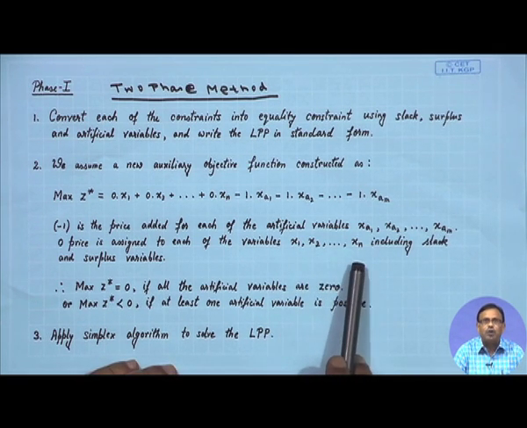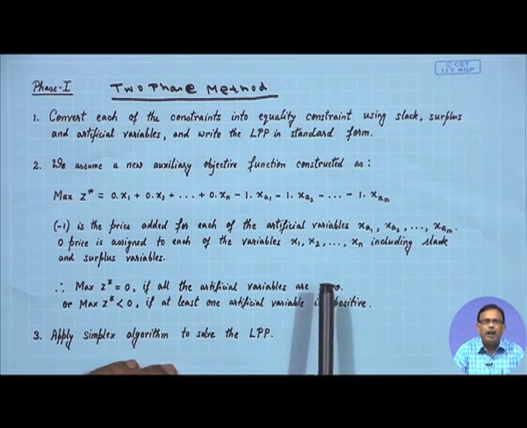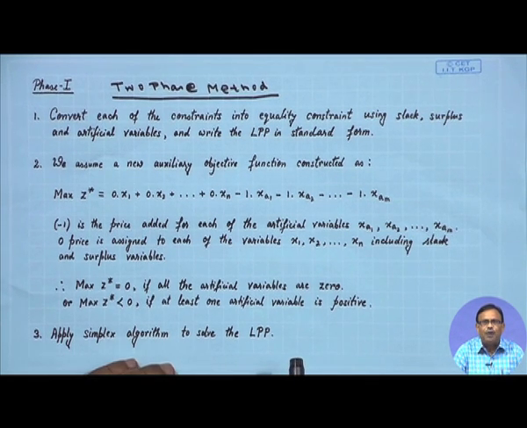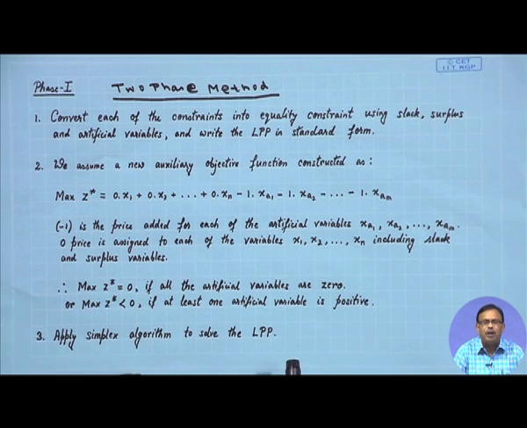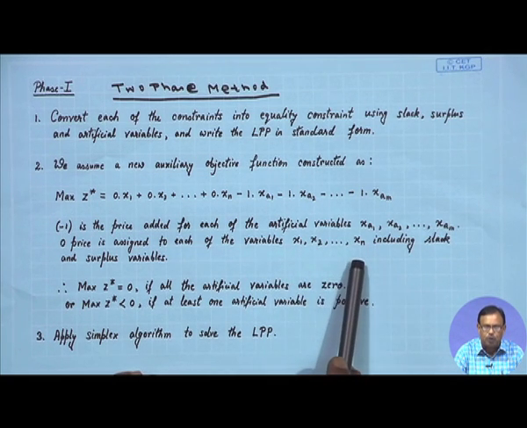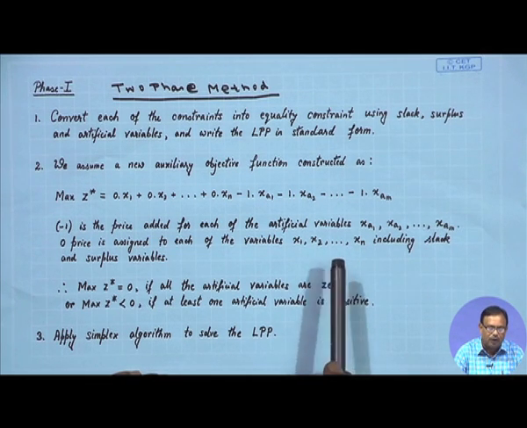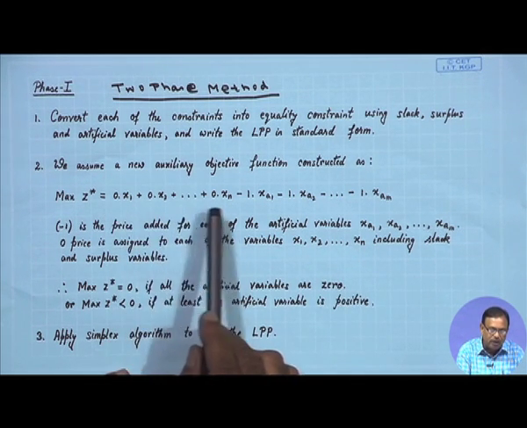This x1, x2, xn contains the decision variables as well as slack and surplus variables. So, please note this. If I have the decision variables and slack and surplus variables as n variables, then for those n variables x1, x2, xn, the coefficients in the auxiliary objective function we are giving as 0.